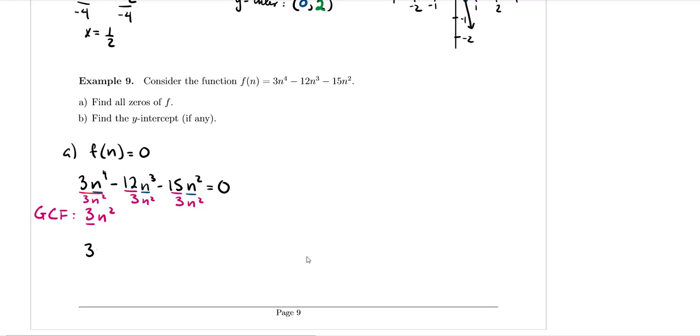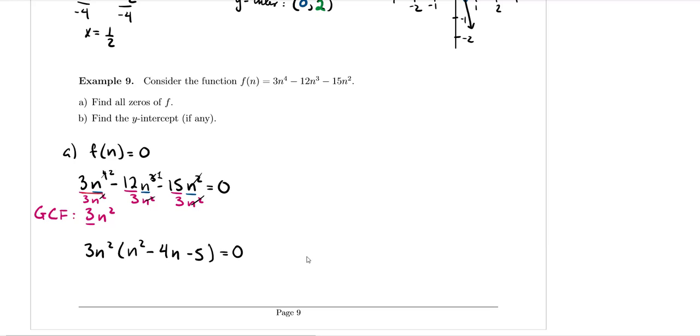Well, let's see, we're going to have 3n squared, parentheses, 3n to the 4th divided by 3n squared, the 3's cancel, n to the 4th divided by n squared, looks like we're left with an n squared, minus 12 divided by 3 is 4, so we take a 4n, and 15 divided by 3 is 5, and n squared divided by n squared just cancels. We're just left with a 1 here. Okay, so there we go.